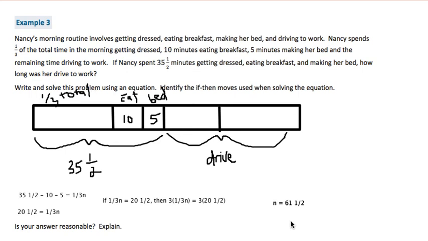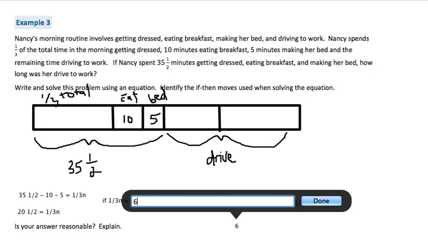So we'll next need to take that piece of information, 61 1/2, which was the total amount of time it takes to get ready, and subtract 35 1/2, which is how long it takes her to get dressed, eat, and make her bed. And 61 1/2 minus 35 1/2 is 26 minutes.